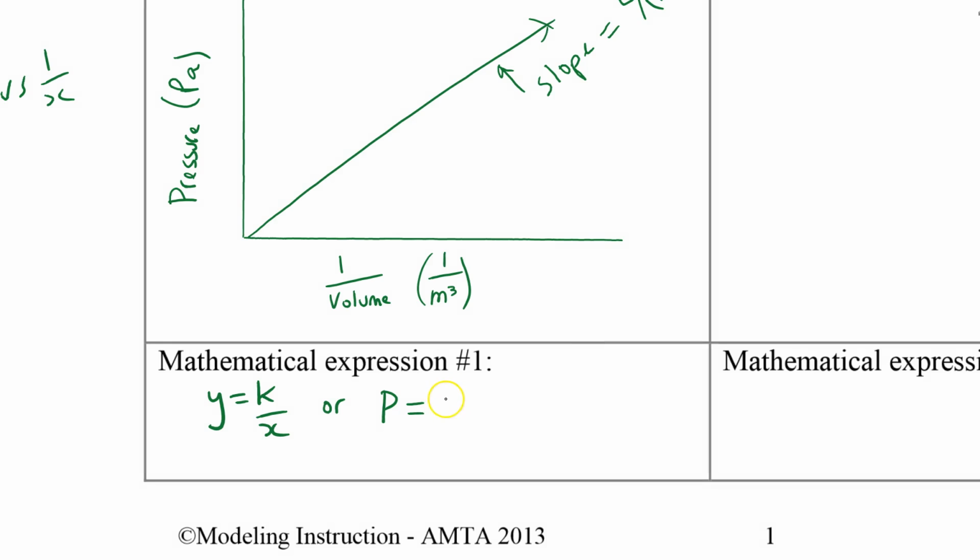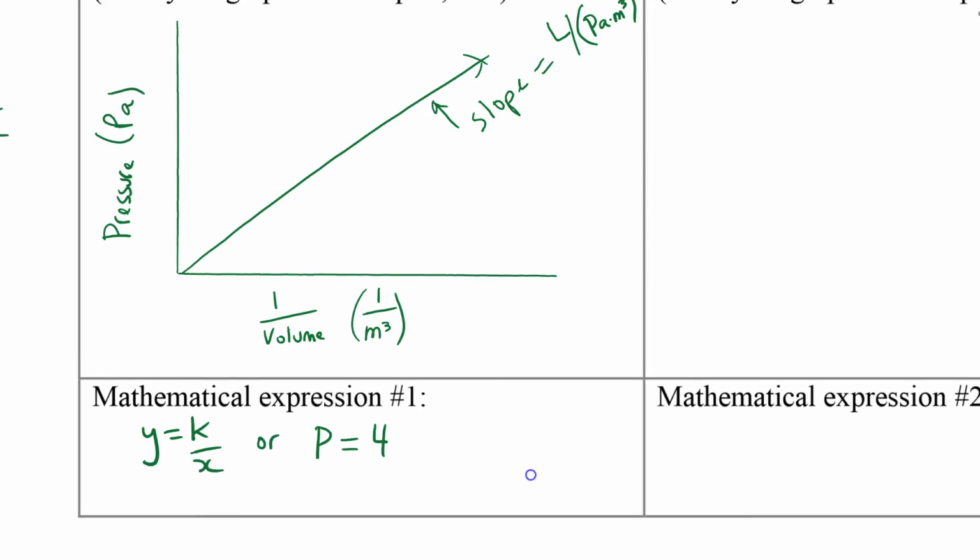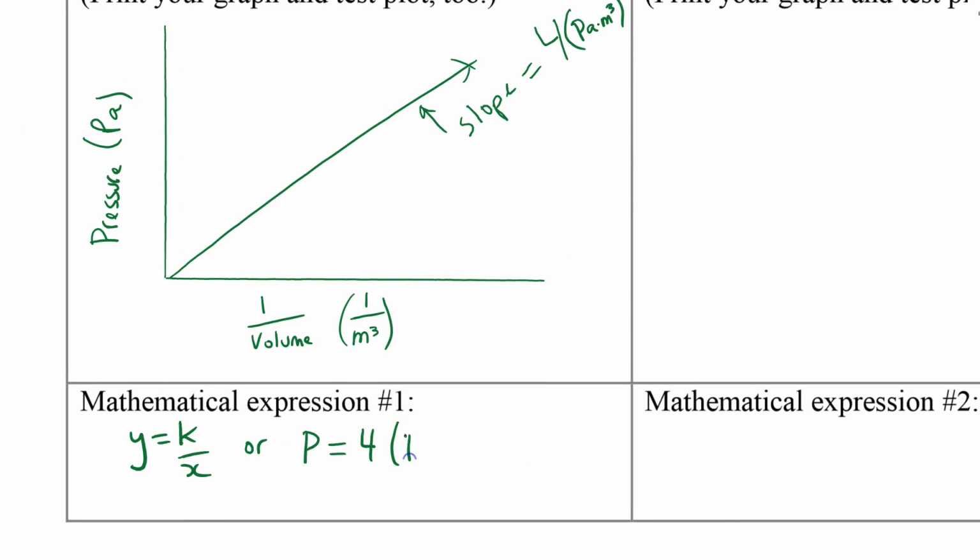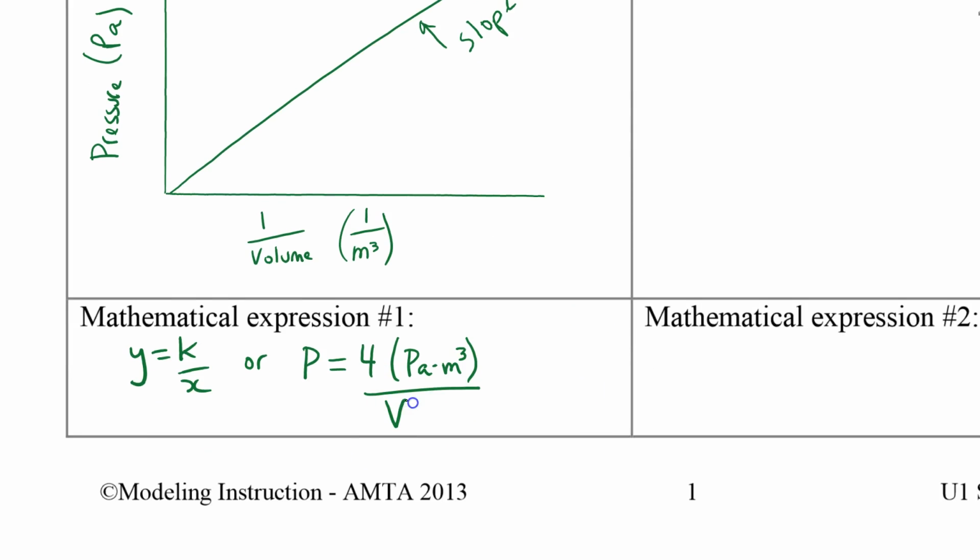Our slope is 4, and the units for the slope we're going to put in parentheses, pascals times meters cubed, divided by volume, how about V? Actually, I don't have to put the units for volume there. I only need to put the units for my slope.